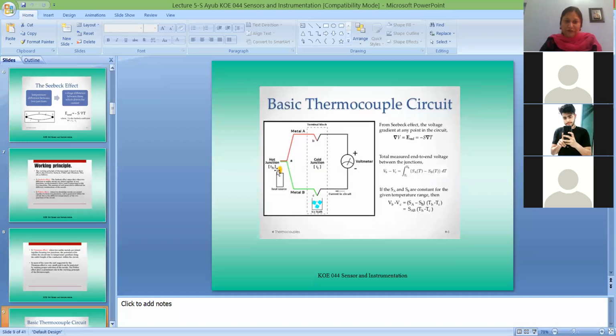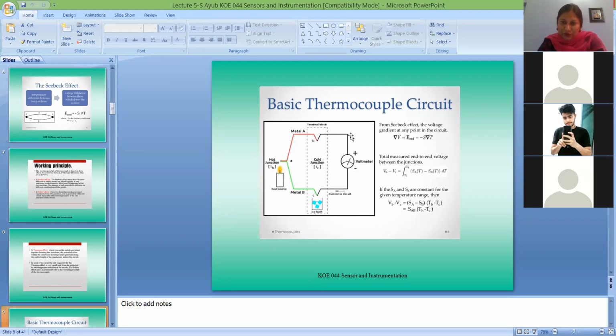Now just shortly we see how the circuit looks like. These are two wires. This is metal A and this is metal B. Green one is metal B. Now this is hot junction, the temperature which is under measurement. Now if you want to measure this particular temperature, this particular junction is tied together and to cold junction, that is reference, and it can be kept in the dotted line, means it is joined together, mechanically joined together, and it is kept in the ice bath for reference temperature, which is called cold junction.